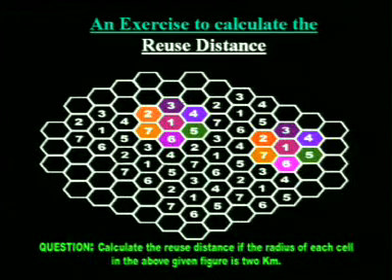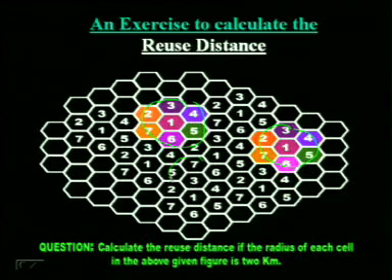Now, I will give you one example to calculate the reuse distance. See this figure. It is clear from the figure. This is the 7 cell structure. All these are 7 cell structures, so you know the value of N easily.